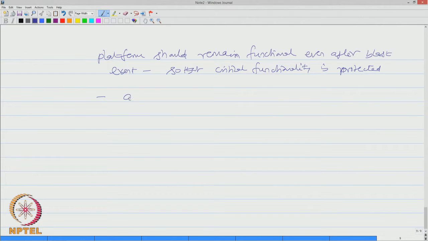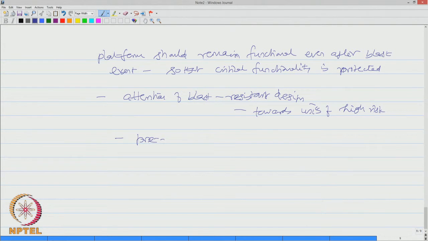So, the attention of blast resistant design is always towards units of high risk.